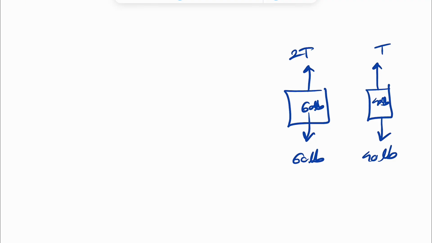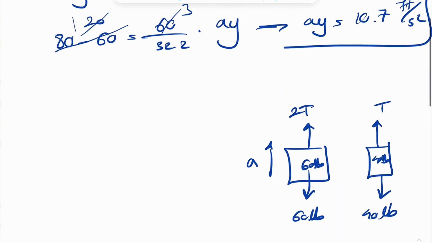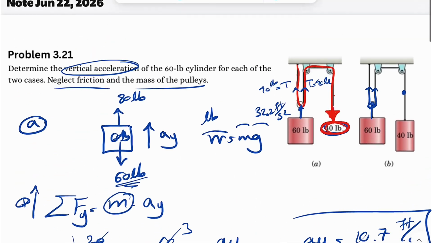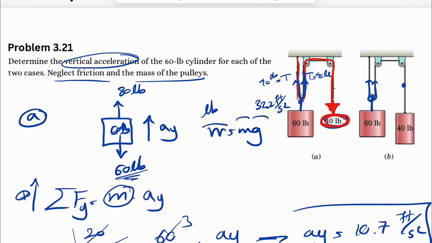So this is going to go up in this direction. It's going to have an acceleration, and the other block, the 40 pounds, is going to go down, but we just have to figure out the relationship between the accelerations of these two because there are two cables in here, which makes the distance shorter and therefore the velocity slower.